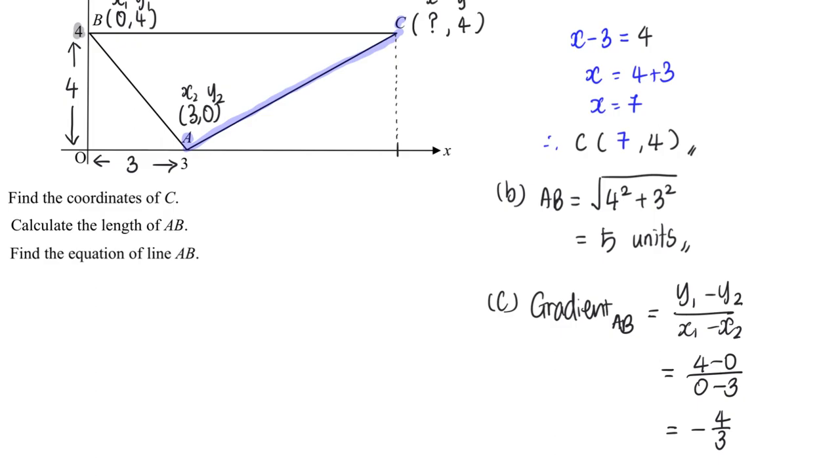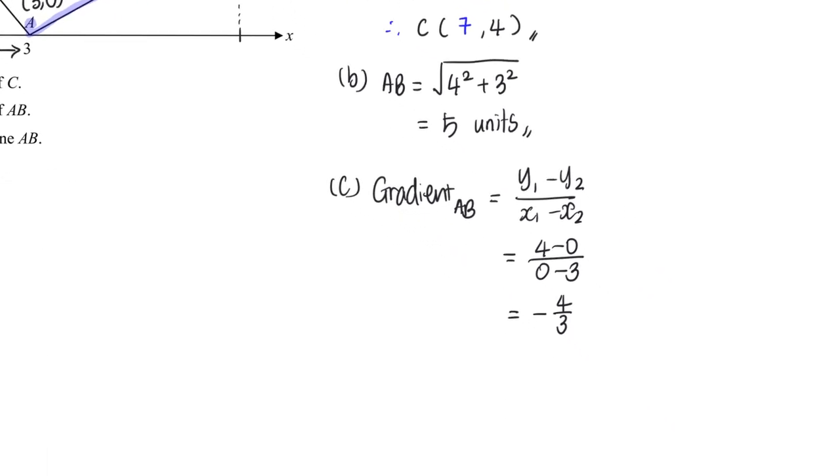Step 2 then, I will need my y-intercept. And do I know my y-intercept? Yes, 4, because it cuts the y-axis at point 4. So my y-intercept, c, is equal to 4.